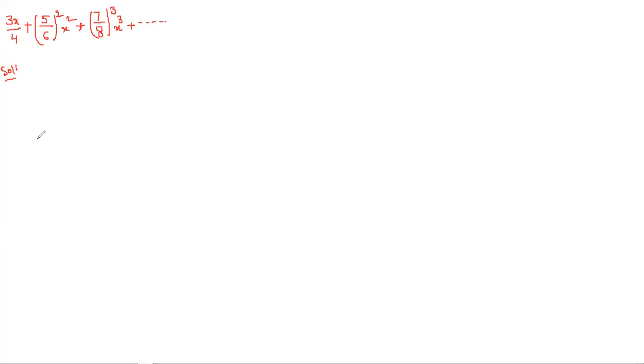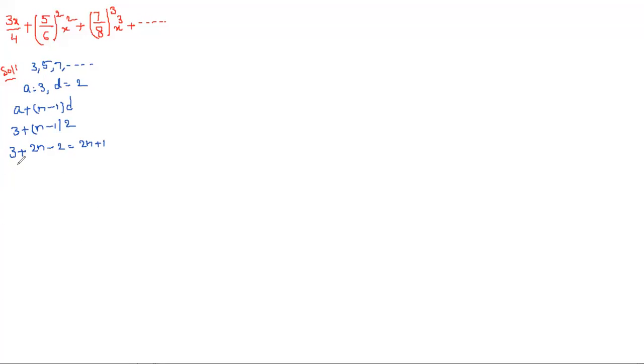If you see that in the numerator we are getting the terms 3, 5, 7 and so on. Here we can choose a = 3 and the difference d = 2. Applying the nth term a + (n-1)d, this is 3 + (n-1) into 2, which is 3 + 2n - 2, that is 2n + 1. This is the nth term in the numerator: 3, 5, 7 and so on.